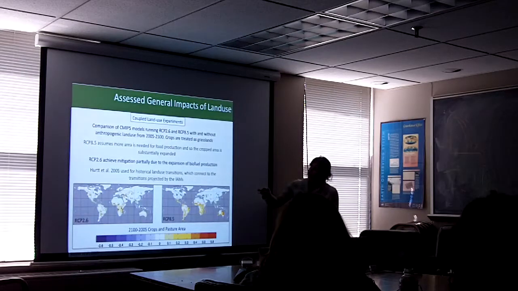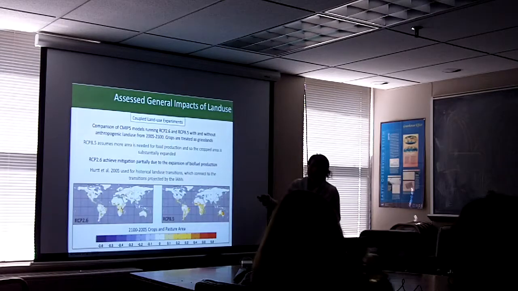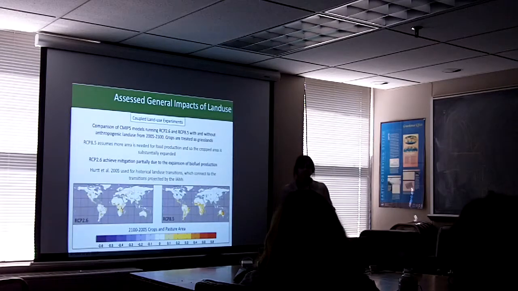So crops, again, are treated as a generic crop that's treated as a grassland. RCP 8.5 assumes that more area is needed for food production to keep pace with population, right? And so the cropped area is substantially expanded, and this is the difference from 2005. So these are the expansions of cropped area in RCP 8.5.